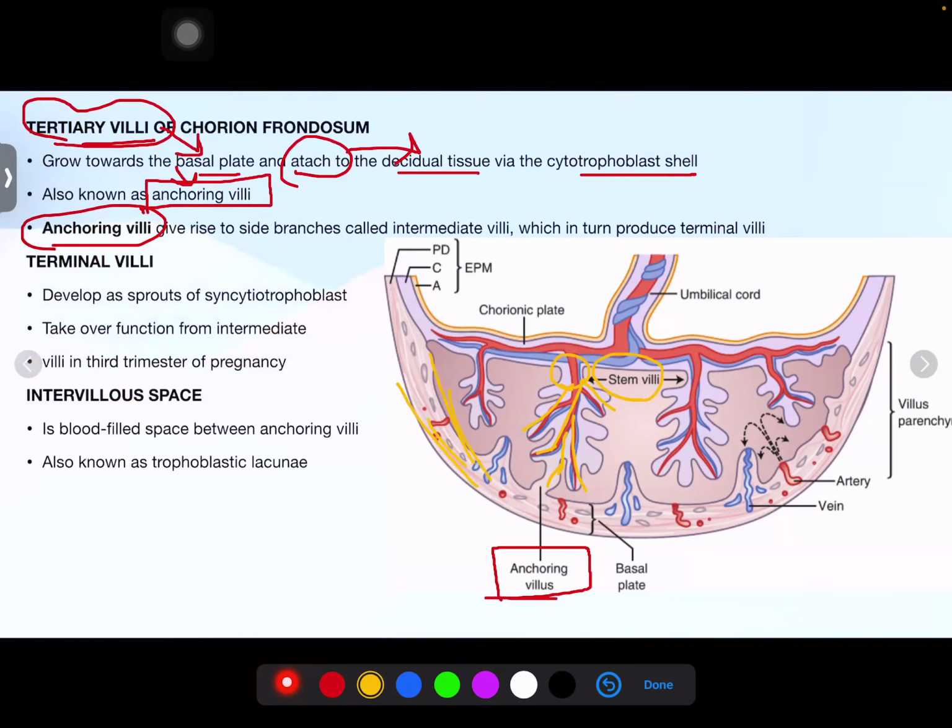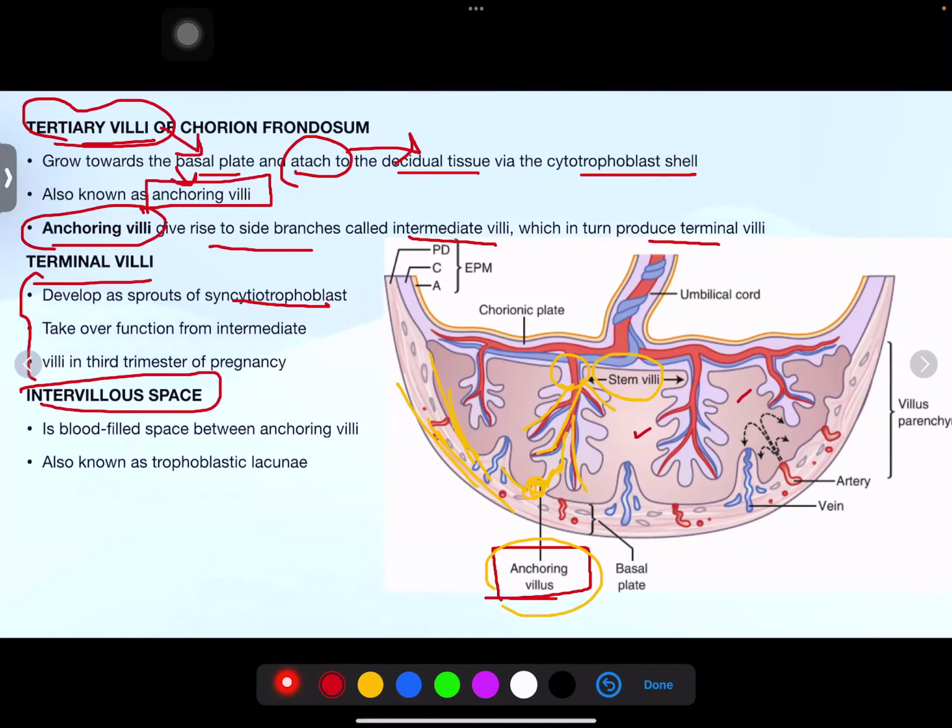This is the basal plate. So the villi that attach to this basal plate are called anchoring villi. The anchoring villi give rise to side branches called intermediate villi, which in turn produce the terminal villi. The terminal villi develop as sprouts of syncytial trophoblast. They take on function from intermediate villi in the third trimester of pregnancy. Now the intervillous space.